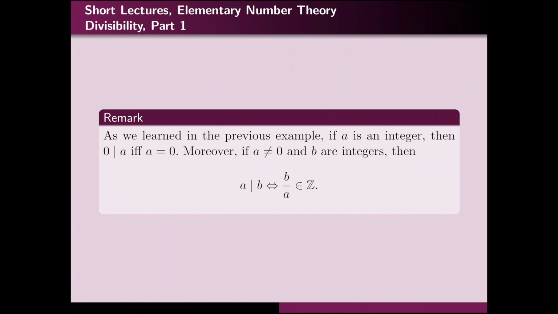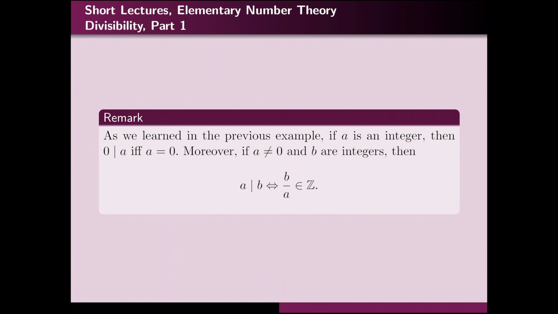And now here, if a is a non-zero integer and b is any integer, then a divides b, as you anticipated before, if and only if b over a is a fraction whose numerical value is an integer.